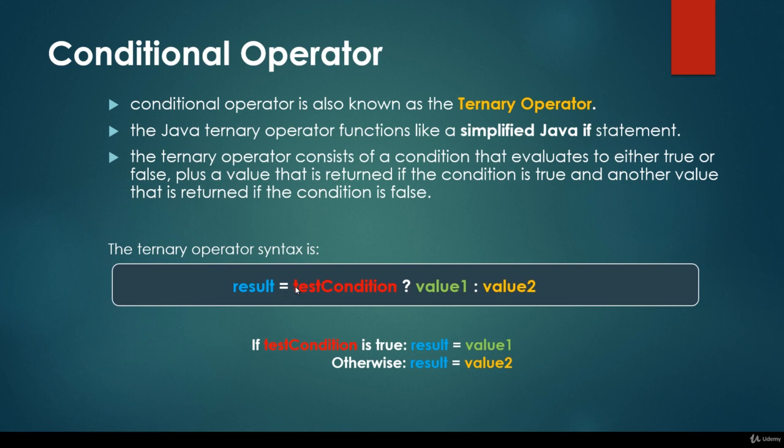The result equals a given test condition, question mark, value 1, and then value 2, which means that if the condition is true, then the result is going to be value 1, otherwise the result is going to be value 2. So the test condition is going to be a condition, and based on this condition, the result is either value 1 or value 2. We are going to take a look at concrete examples and it's going to be clear.